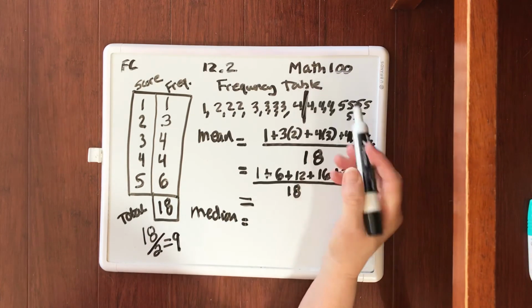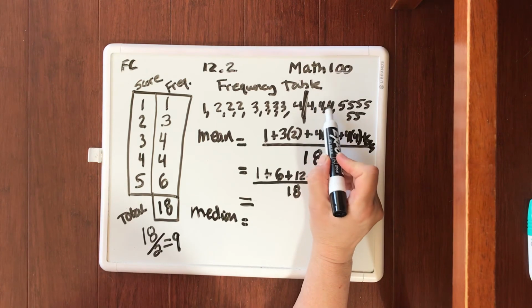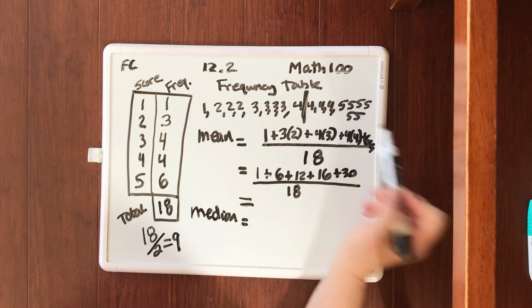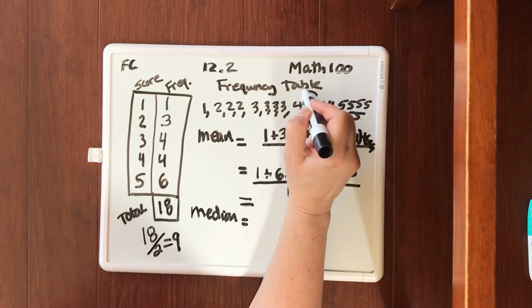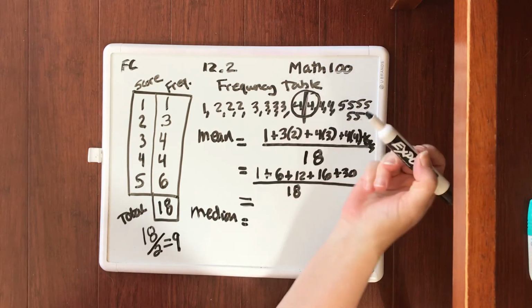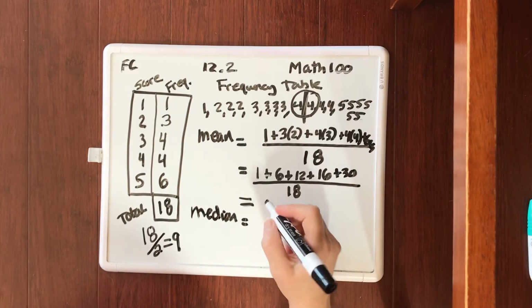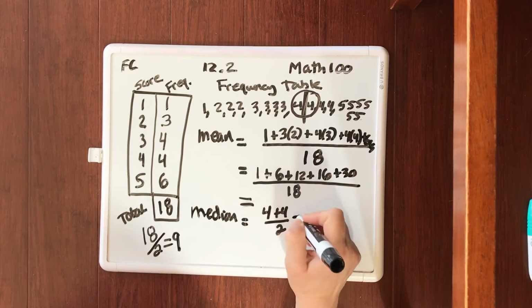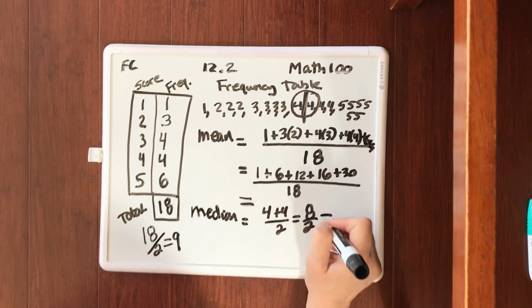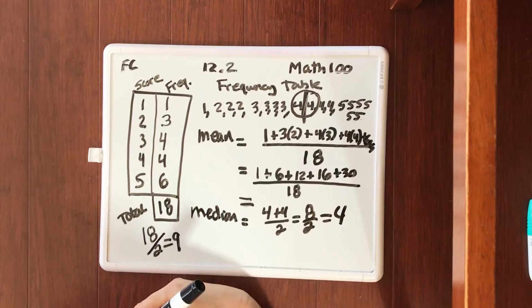Right there is the middle. Very good. So since it's an even number of people, we're going to take the middle two and take the average. Well, that's easy to see. It's just 4. But if you can't see it, 4 plus 4 divided by 2 is 8 divided by 2, which equals 4.